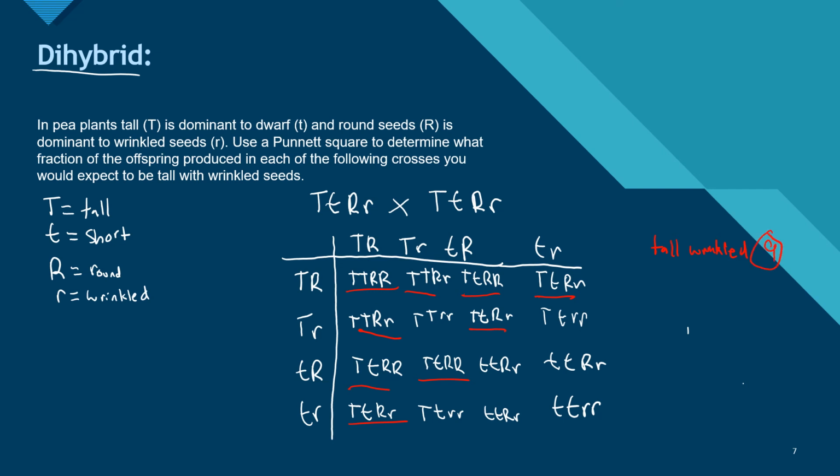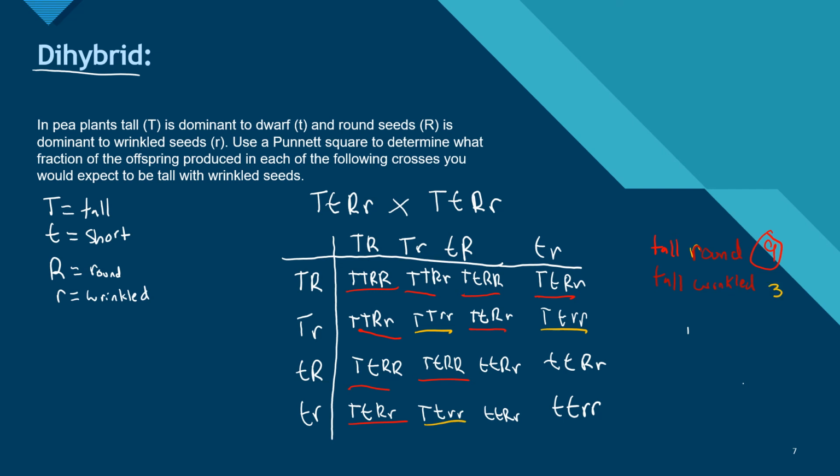Next, we have to count how many are tall and round. So we can write tall and round there. Now we have to find which ones are tall and wrinkled. I have this one, this one, and this one.